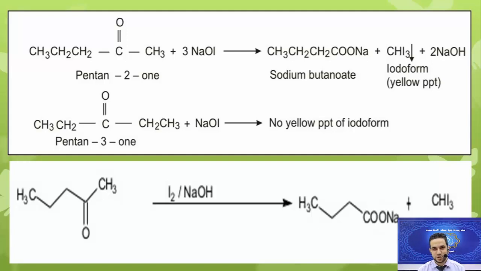You write on the arrow I2 without balancing, in the presence of NaOH. It gives you, you change C double bond O, you make it COONa, plus CHI3. Or you can write it like equation 1, but it is more difficult for you. So the first point, you know if it gives a positive or negative result, and why, and how to write the equation.